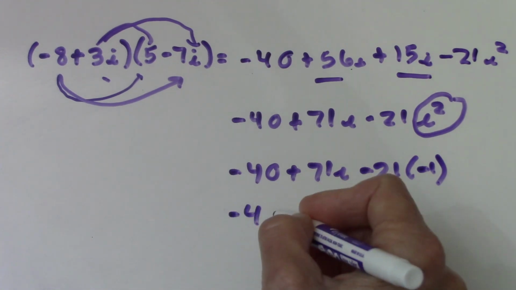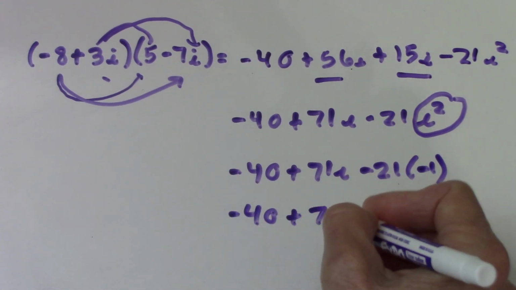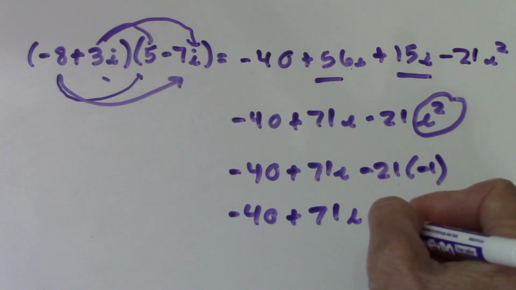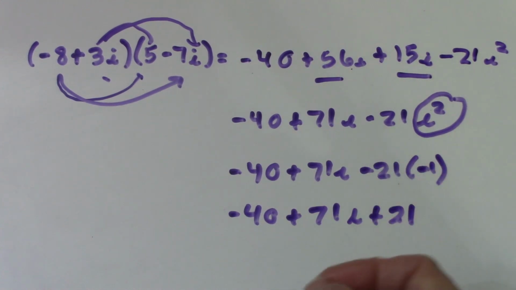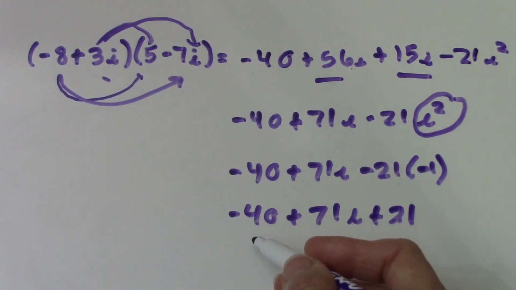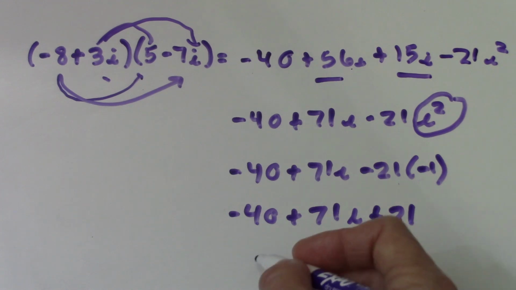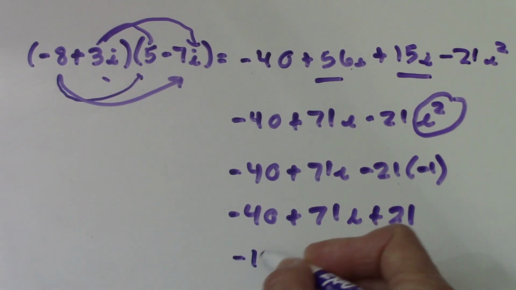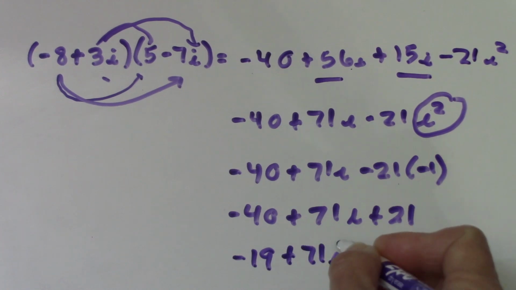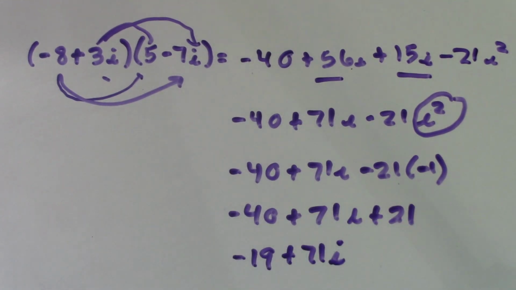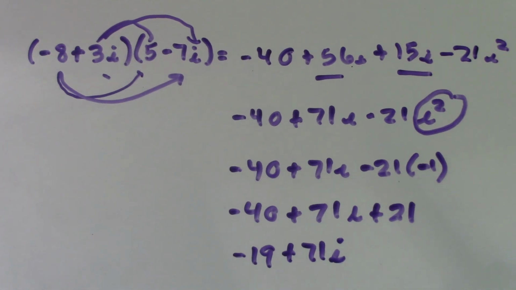So I have -40 plus 71i plus 21, because the -1 times the -21 makes it a positive 21. So -40 plus 21 gives me -19 plus 71i. So that's what I get for the complex number when I multiply those two together.